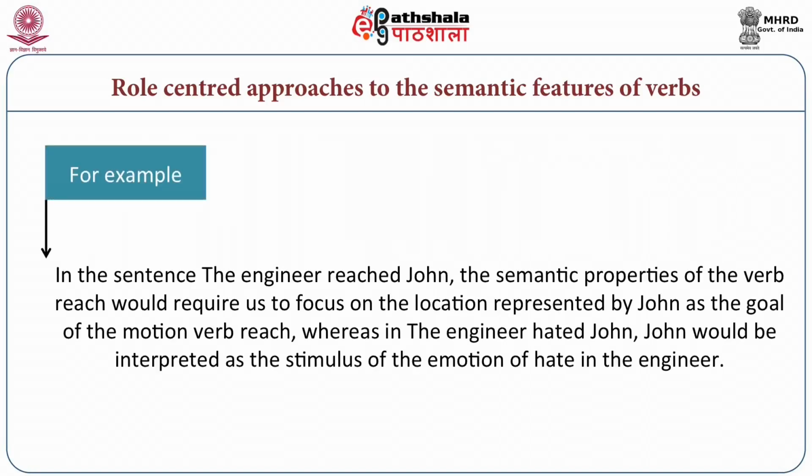For example, in the sentence, the engineer reached John or the engineer reached the bridge, the semantic property of the verb reach would require us to focus on the location represented by John or the bridge as the goal of the motion verb reach. However, in the engineer hated John, just like in the engineer hated the bridge, both noun phrases would be interpreted as the stimulus for the emotion of hate in the engineer.